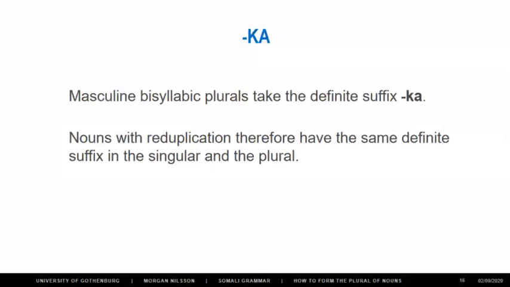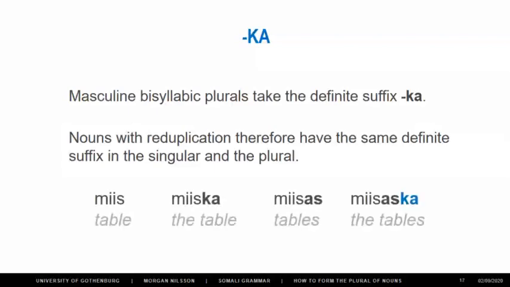And these nouns have the same definite article in the singular as in the plural. So it's as if the definite article is also kind of reduplicated. We have mis, miska, misas, misaska, the tables.